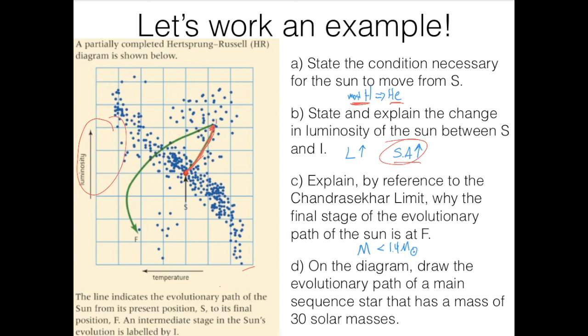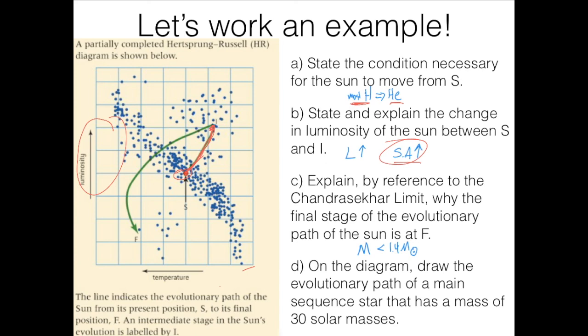Okay, letter C, explain by reference to the Chandrasekhar limit why the final stage of the evolutionary path of the sun is at F. Well, because the mass of this is less than 1.4 solar masses, right? We know that the sun is around this area, so it's pretty close to the sun.